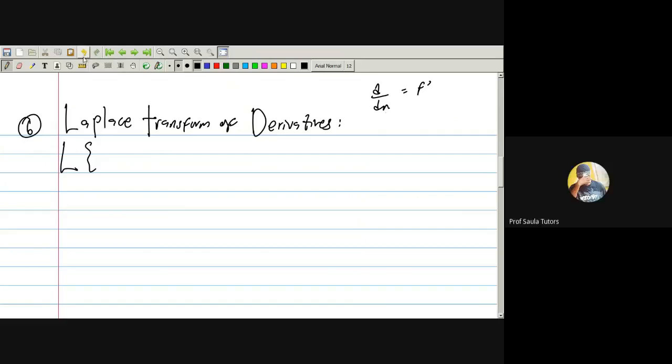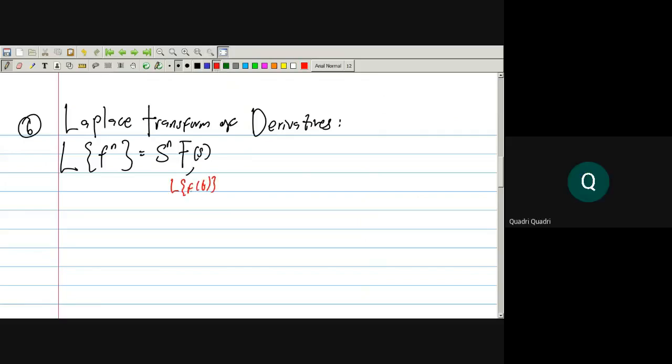Just like you can just write prime. Good. So here now, let me write f superscript n. Laplace transform of this derivative means nth derivative. So what does it mean? Let me show you. Laplace transform of the nth derivative is, firstly, s raised to power n F of s. Remember what F of s means? If you can remember, F of s means Laplace transform of f of t.